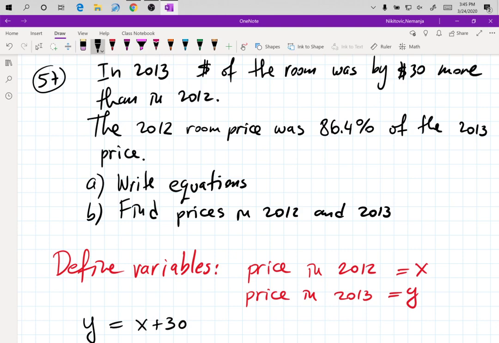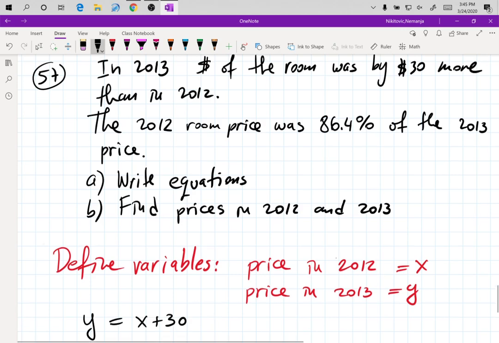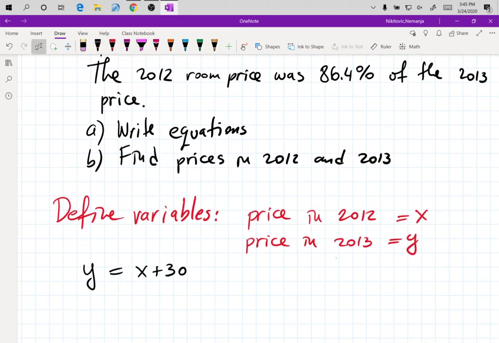So what we can do now is write the second equation. The 2012 room price, well, that's x. That is going to be 86.4% of the 2013.